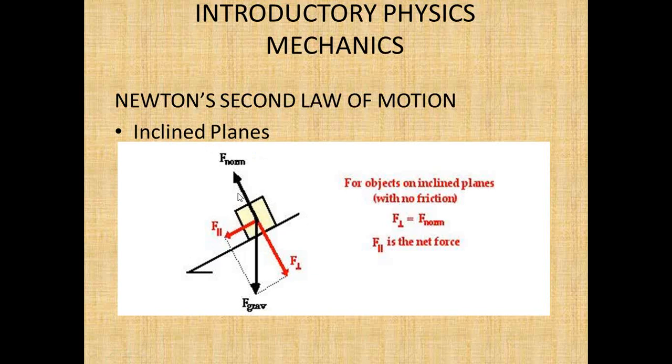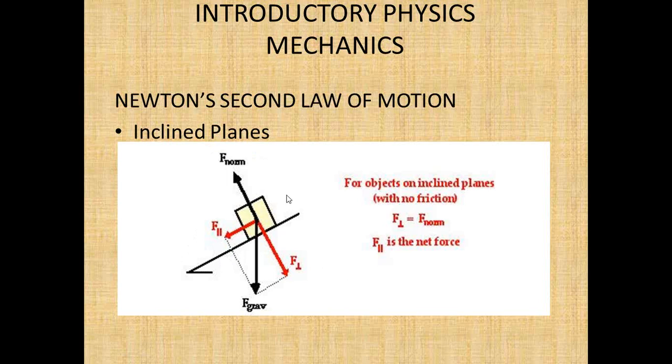So the force that's pulling the object downward is the parallel component due to gravity. Remember what we said: when you have a net force, it is the net force which will give rise to acceleration. And if this was flat, you wouldn't have any motion at all.